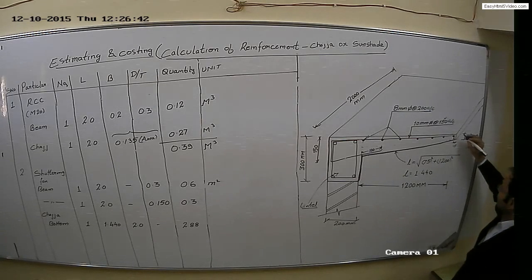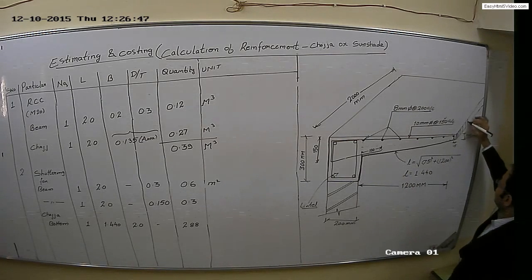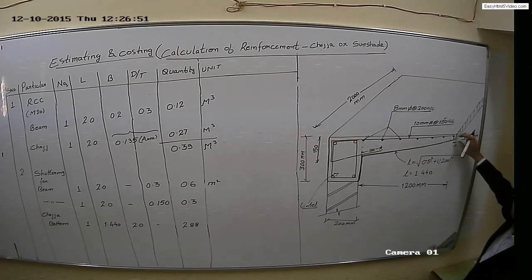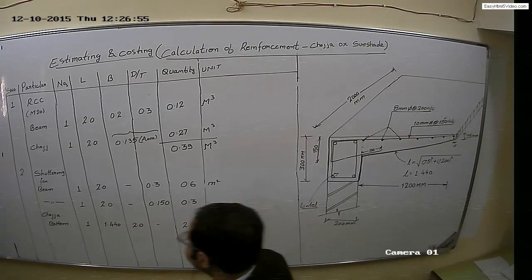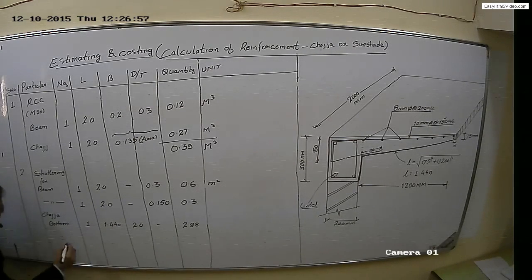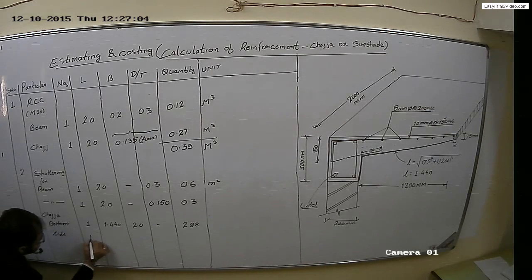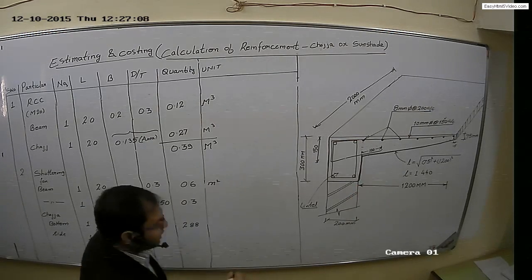Now we are interested in calculating this face. This is the face. We have to calculate the shuttering for this particular face. So the depth of this face is 75 and the length is again 2 meter. So side face, side of Chajja, which is 1 into 75 mm into 2 meter length.